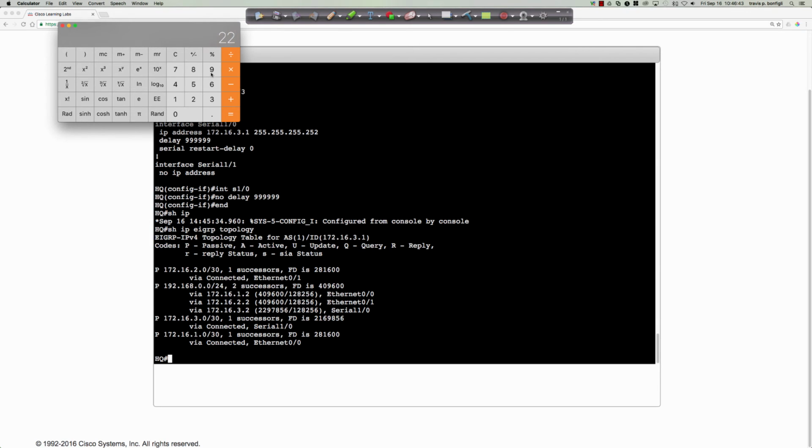So we're going to take 229,7856, and we're going to divide that by 409,600. And that gives me 5.61. Well, remember, EIGRP doesn't do decimal math. It does integer math, right? So we need to round up.